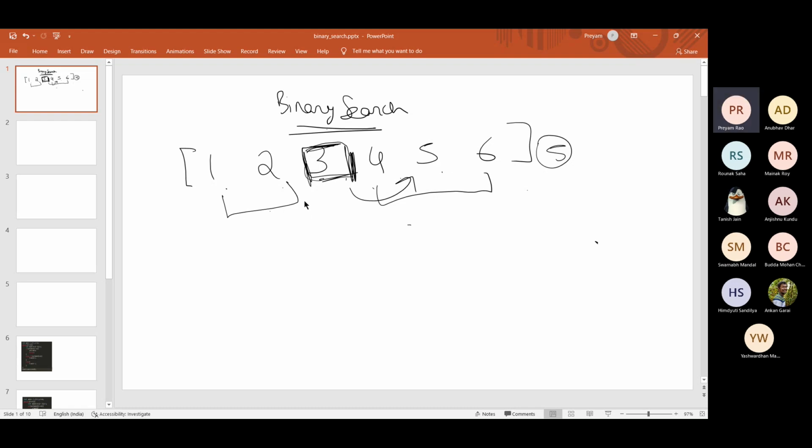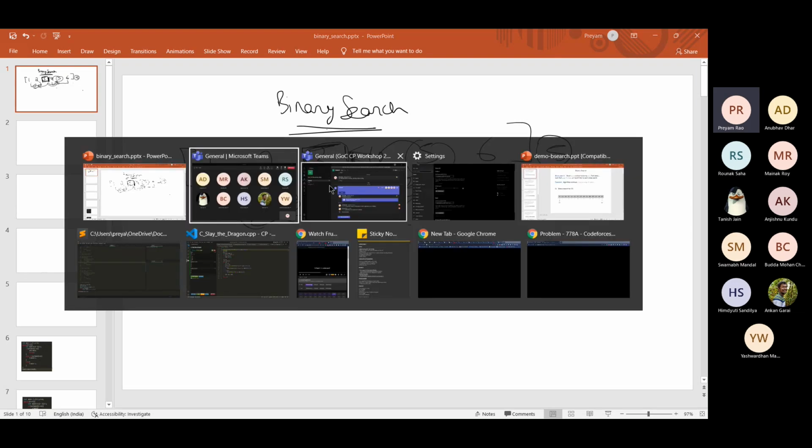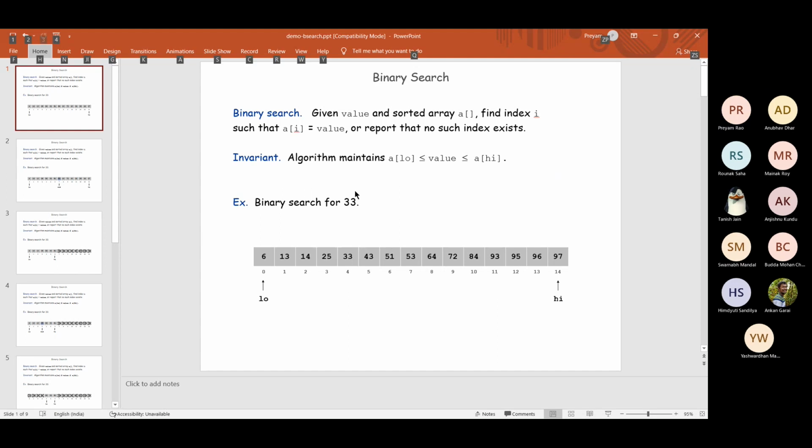We simply need to figure out where the number is in relation to the middle element. If it's on the right, then we'll search on the right. If it's on the left, then we'll search on the left, right? So, let me just show its working. This is a nice and easy case where we can see how it works, right?